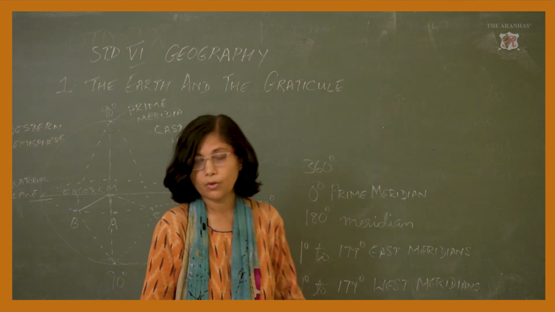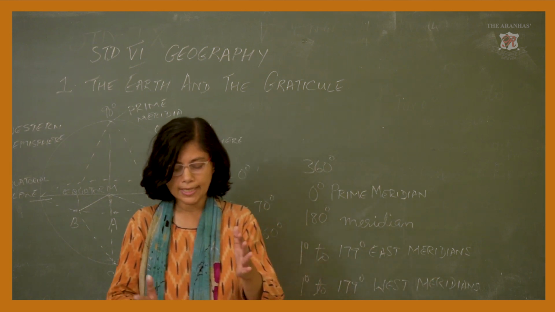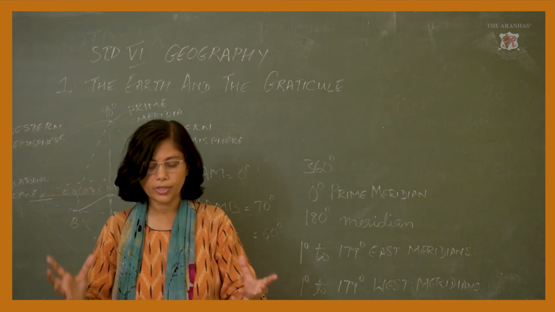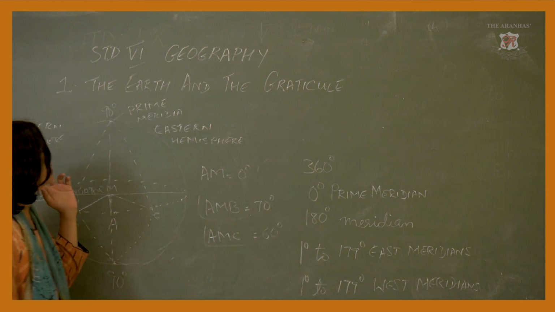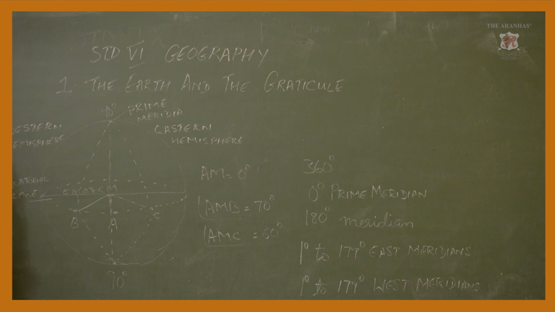Okay. So, now let us see how it looks when we bring them together. We saw the latitudes and now we saw the longitudes. You saw the prime meridian was at 0, it divided the earth into the eastern and the western hemisphere, and we saw the longitude, it is the angular distance from the prime meridian.